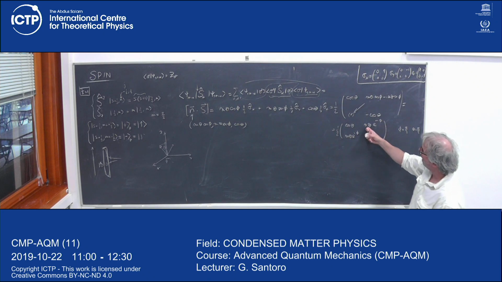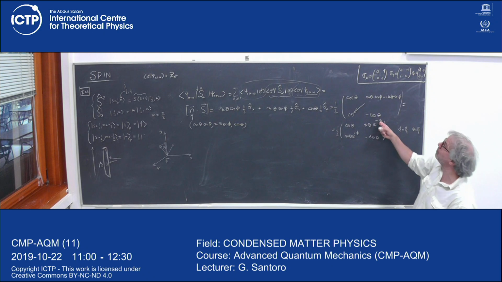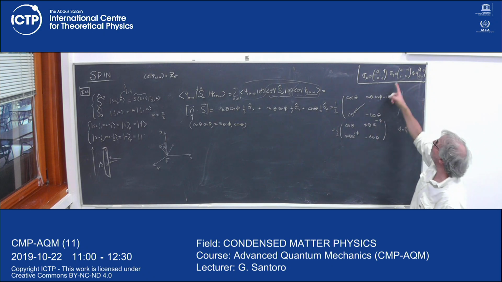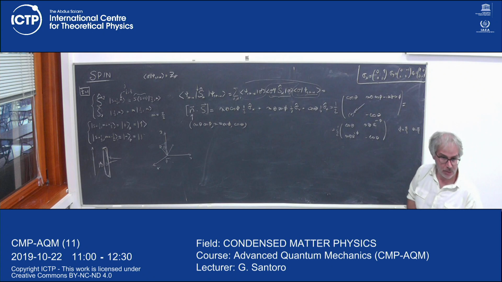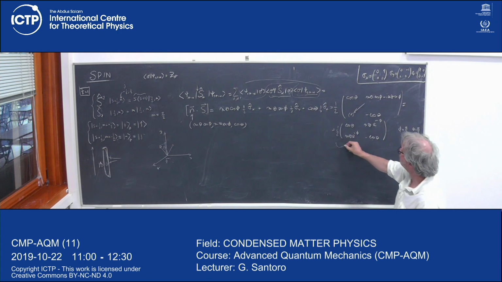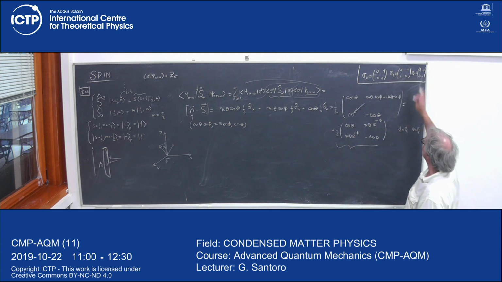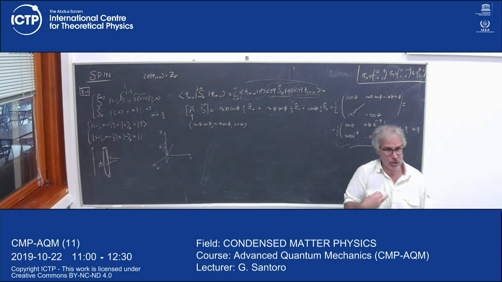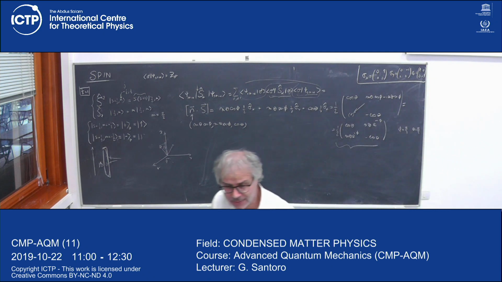Here I get 1, but here I have e to the minus i pi over 2, which is minus i, and here I have plus i. I get sigma y. So this is somehow the generalization of these three objects to any arbitrary direction in spin space. That's very useful sometimes.